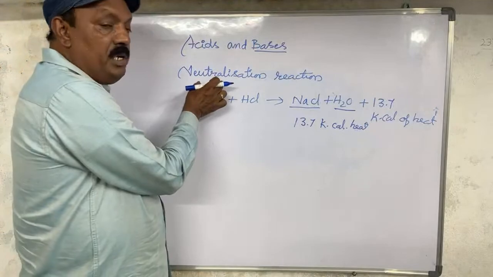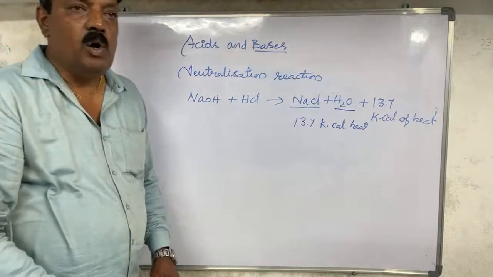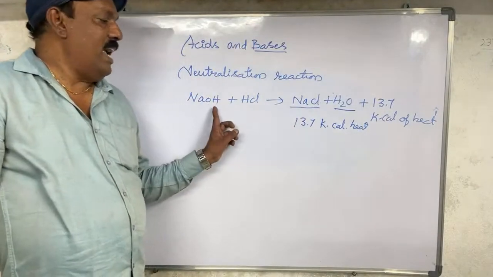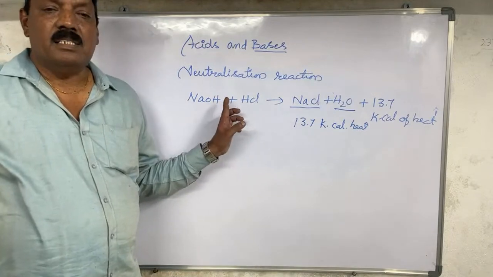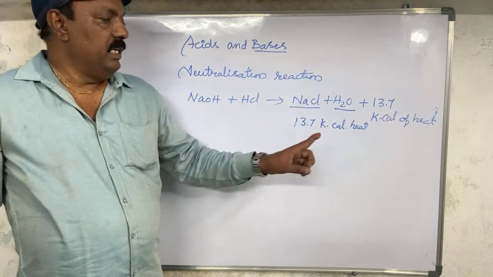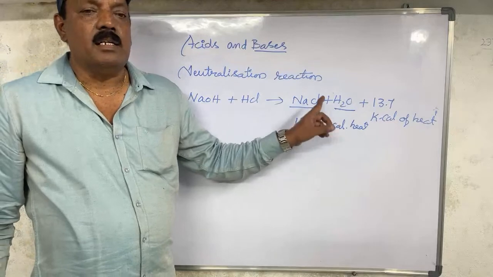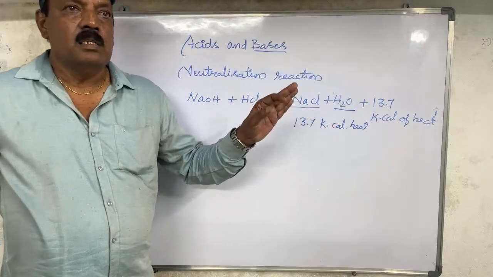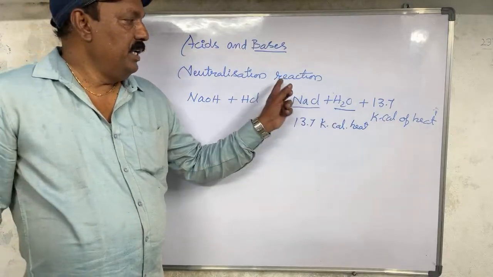Why do we call it neutralization? Because in the result, no acid, no base. It became neutral. It is becoming salt and water. This is the reason you are getting heat of neutralization reaction.